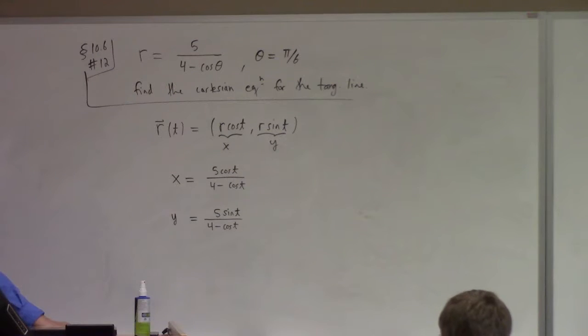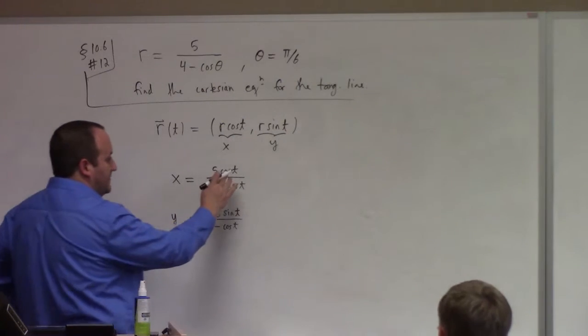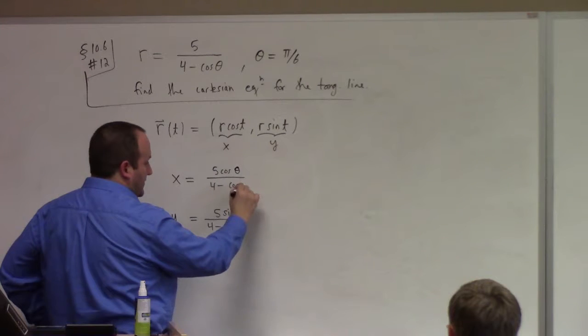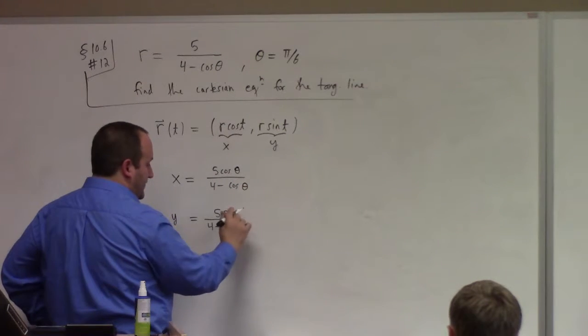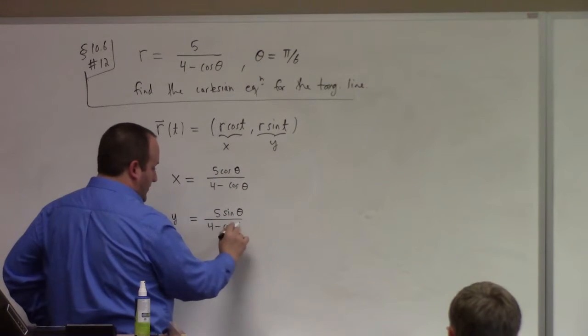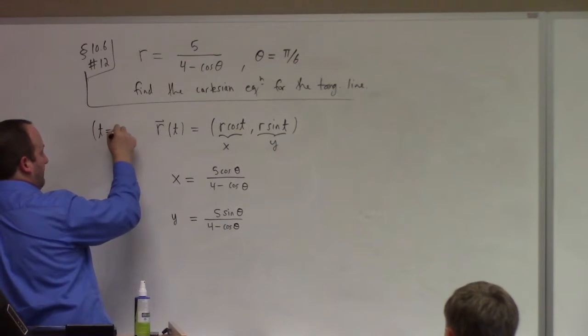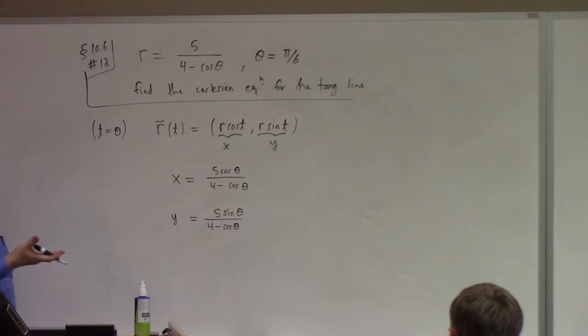So that's X and Y as a function of time. Now you could put T equals theta, that's fine, right? I mean, we could put theta instead of T, that's also cool. Basically, I'm just using theta as the parameter, so you pick your poison. That's the natural parameterization of the curve, do you agree?